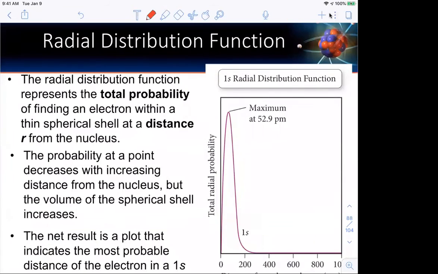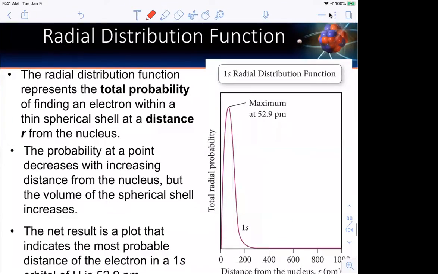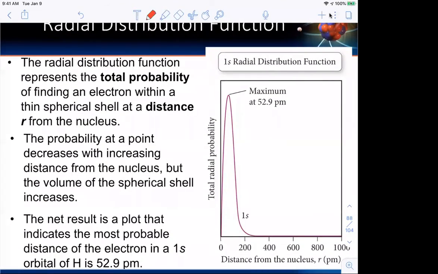Now I can turn that into this radial distribution function, which actually looks at that total radial probability as a function of distance. Now notice this radial distribution function represents the total probability of finding an electron within a thin spherical shell.